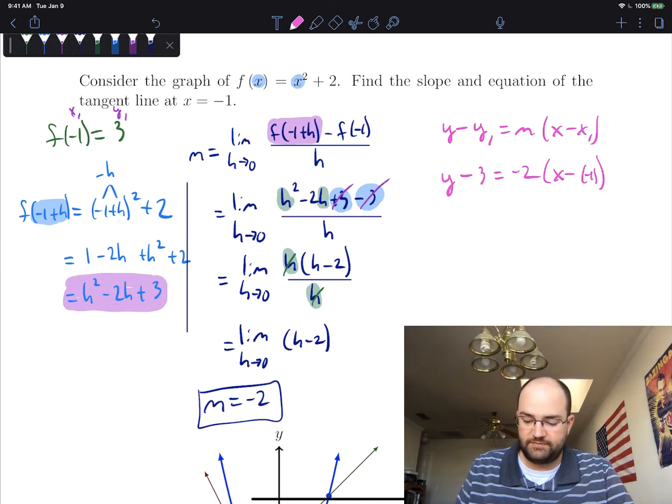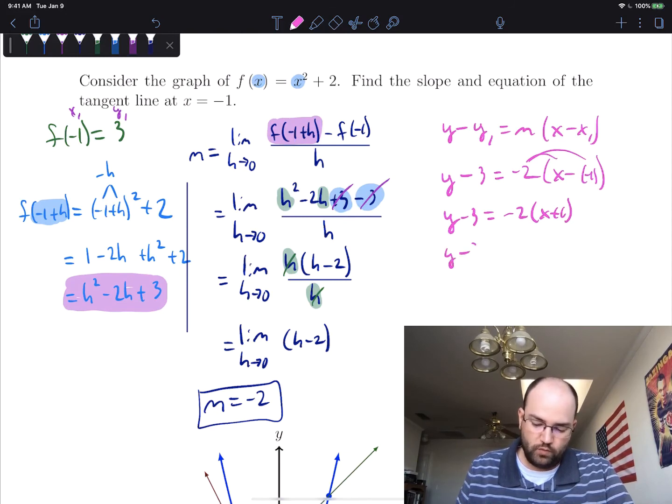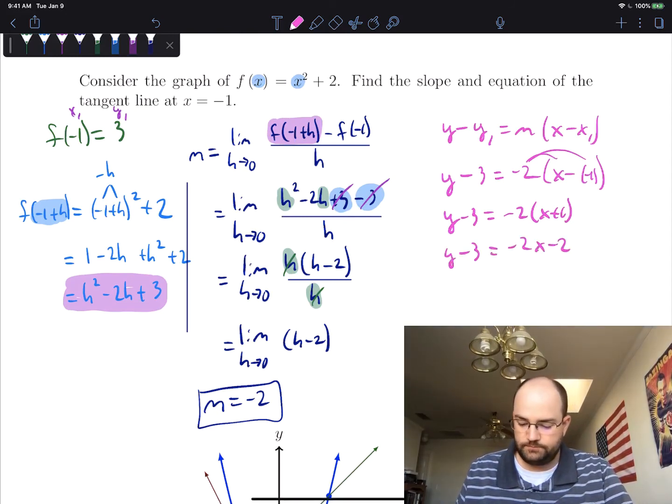And then simplify, distribute the negative 2, combine those two, so minus the negative is plus 1 there. So we have y minus 3 equals negative 2 times x plus 1. y minus 3 equals negative 2x minus 2. And then add the 3 to both sides means y equals negative 2x plus 1.